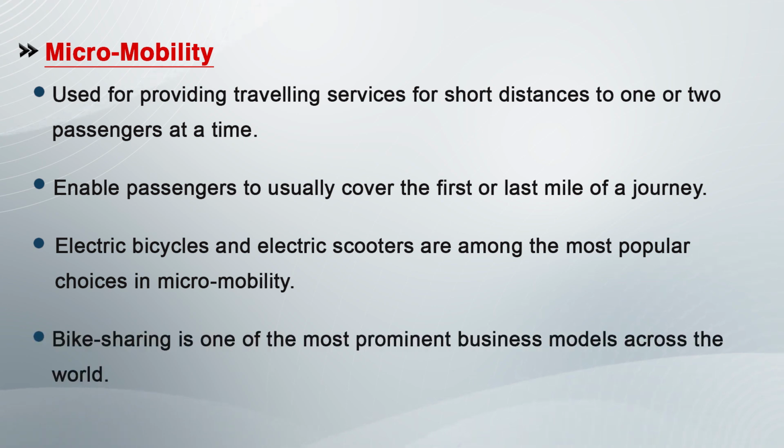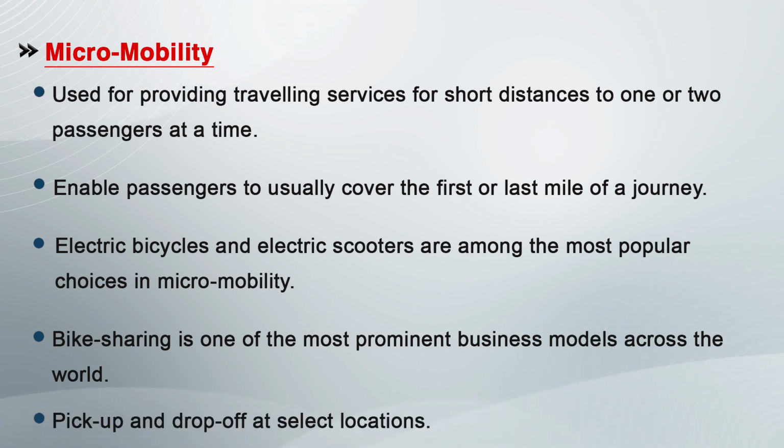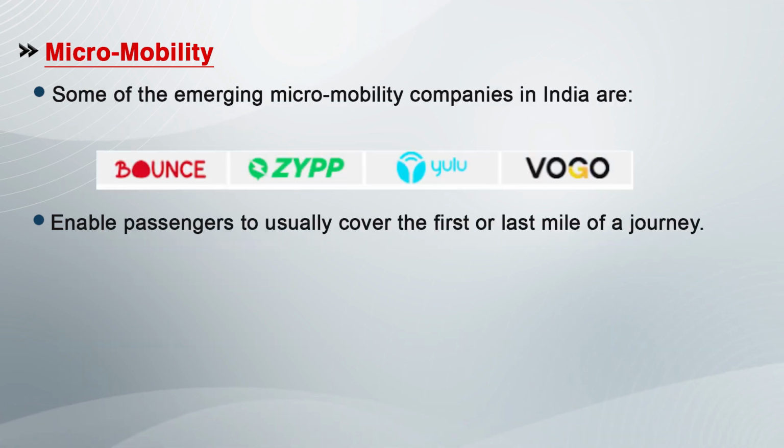Bike sharing is one of the most prominent business models across the world. Another model that is used is pick up and drop off at select locations. Some of the emerging micromobility companies in India are Bounce, Zip, Yulu and Vogo. In a country like ours where traffic density is very high, electric vehicle enabled micromobility is a promising business model as it will save substantial commuting time.